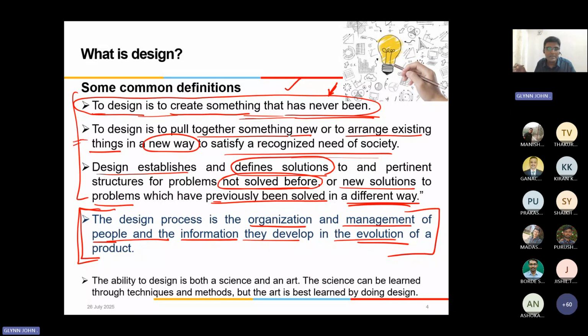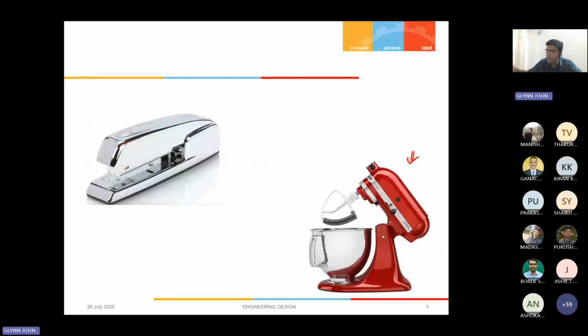Now, if you look at design, is it a science or an art? It is both a science and an art, right? I actually mentioned two aspects. If you look at a product, the working of the product, how the parts are made, how the parts are connected together, that is definitely science or engineering.